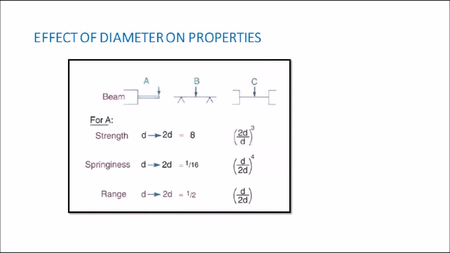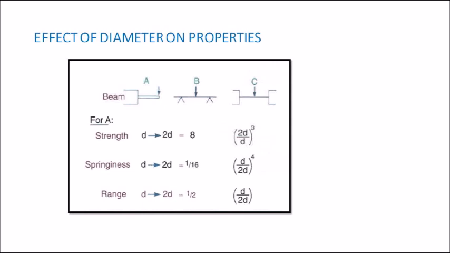So if initially the diameter is d, and you are doubling it to 2d, then the strength increases by 8 times. So the cubic function of 2 will give you an 8 times increase in the strength. Whereas springiness is inversely proportional to the diameter of your wire, and it changes as the fourth power of the ratio.